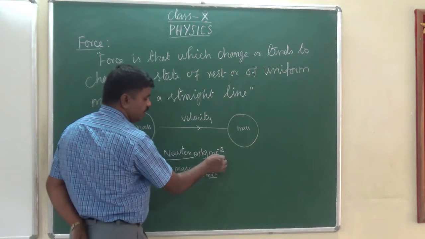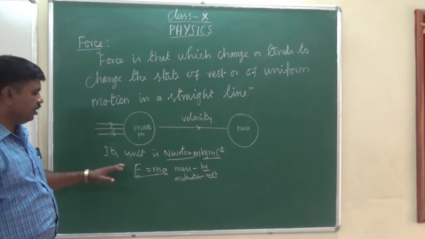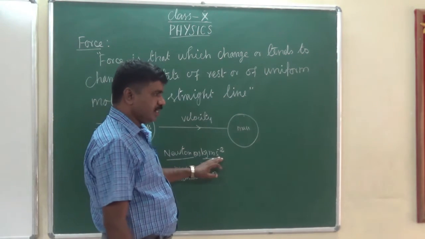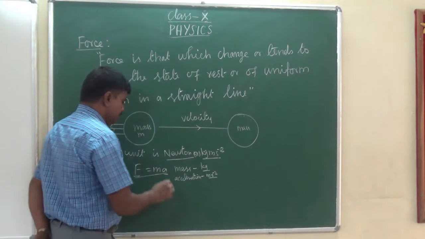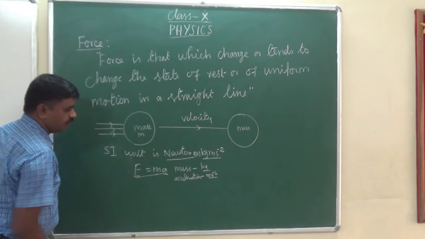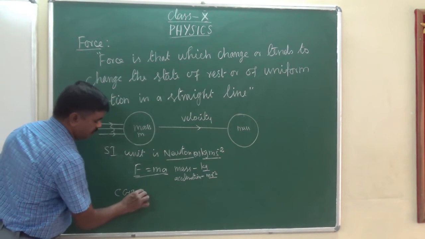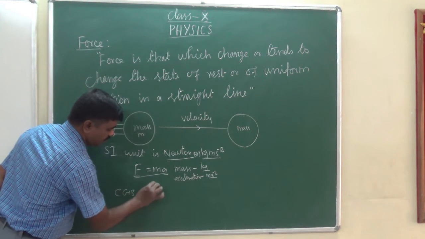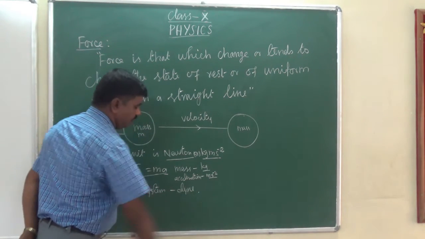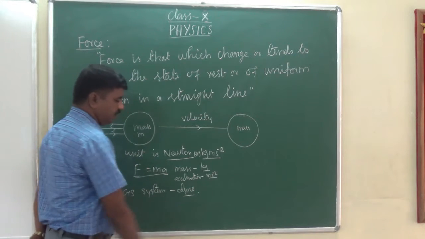When we compare this, it becomes kg m s power minus 2. This is the SI unit of force. Then in the CGS system, the unit of force is dyne.